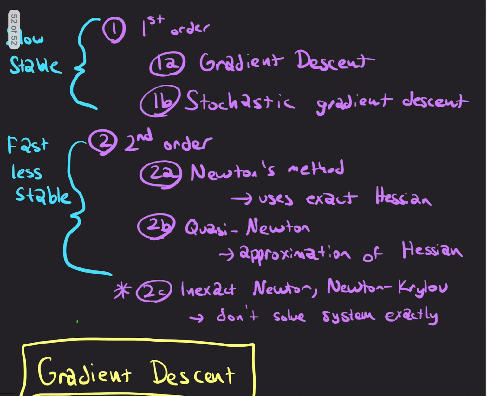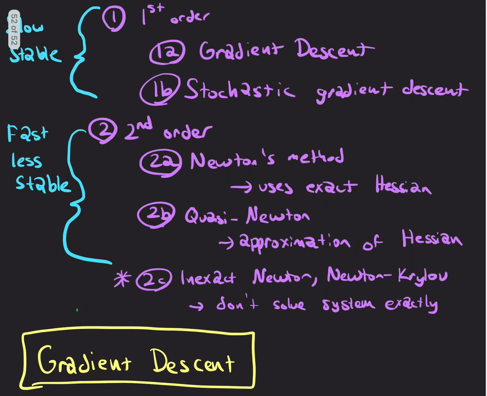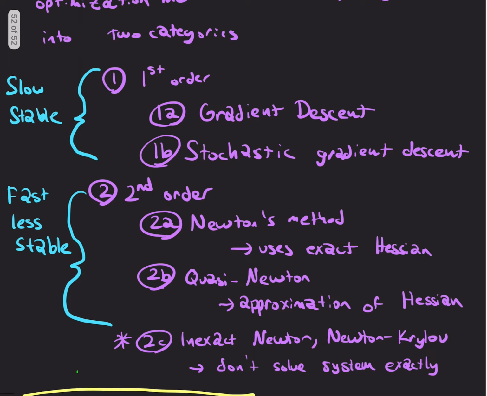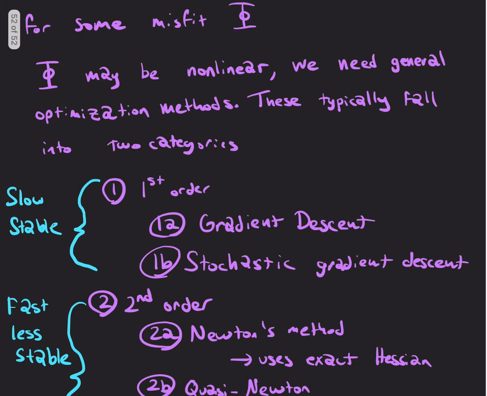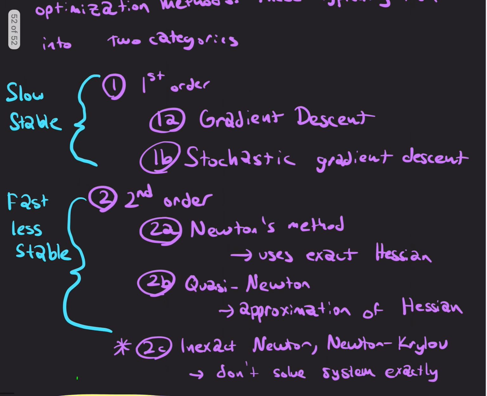Whereas second order methods are faster in general, but they are less stable. Another good thing to keep in mind is that optimization in and of itself, finding a global optimum, is an NP-complete problem. So in general, the best we can hope to do is get a local minimum.